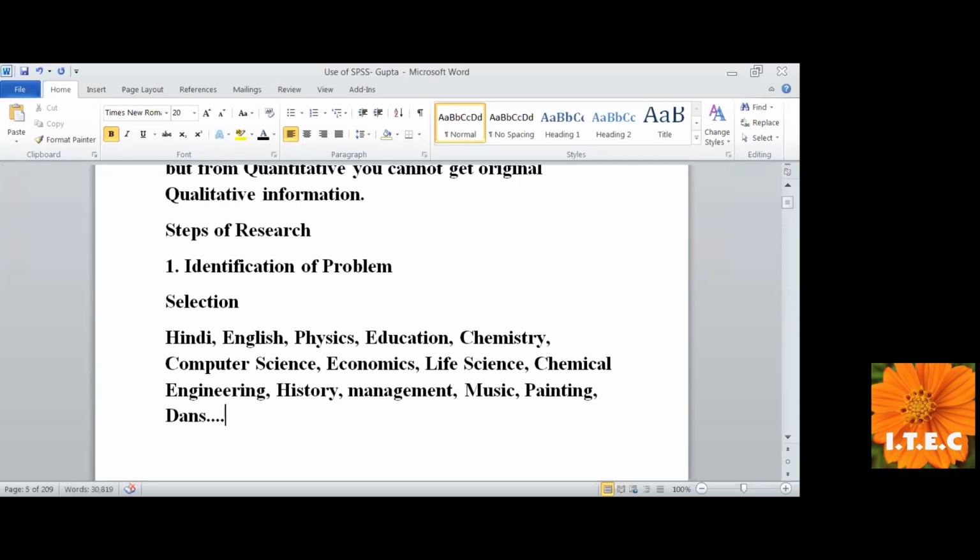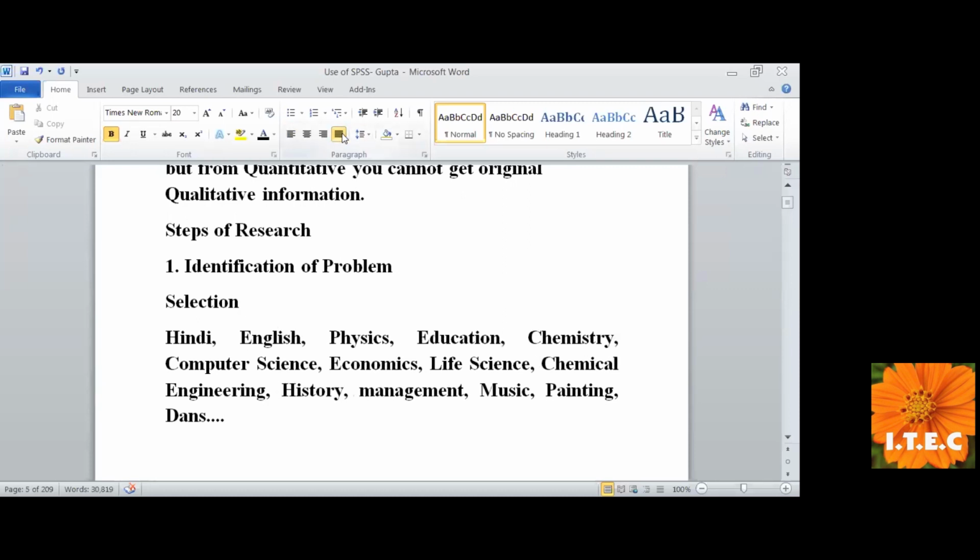The variety. So it is a heterogeneous situation. Now, if I have my master's degree in education, then I will pick education and then I proceed further.